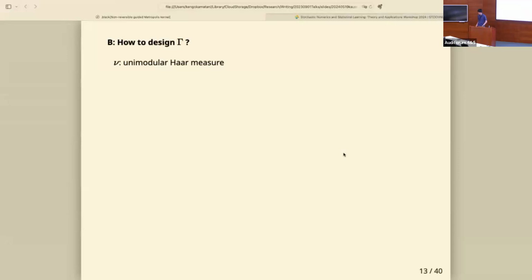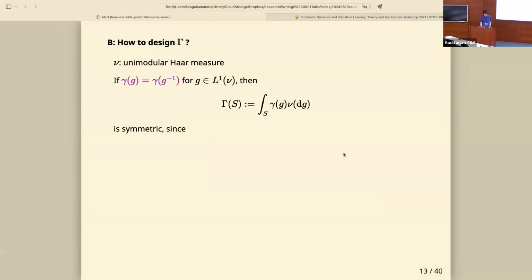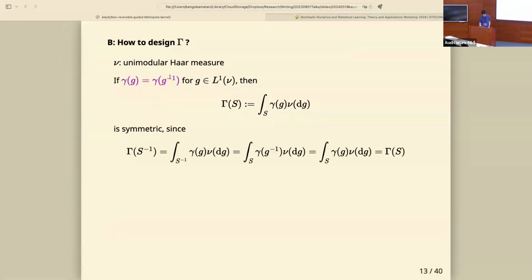How to design gamma? This is the answer. If nu is a unimodular Haar measure, whose existence we assume, and the measure gamma has density small gamma, which has these symmetric properties, then we have symmetric properties.